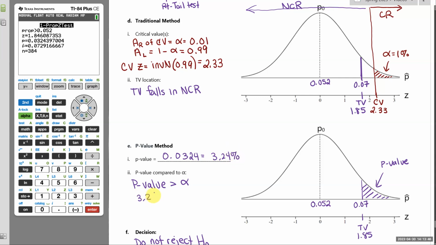So 3.24% indeed is bigger than our alpha, which was just 1%. So my p-value, 3.24%, is bigger than my alpha, which was just 1%.